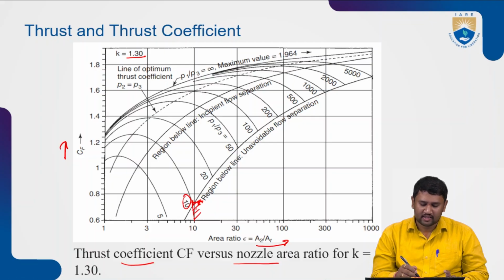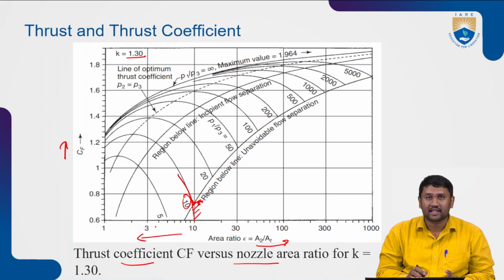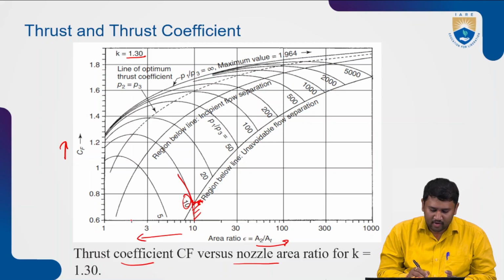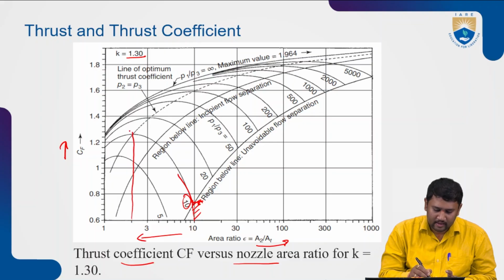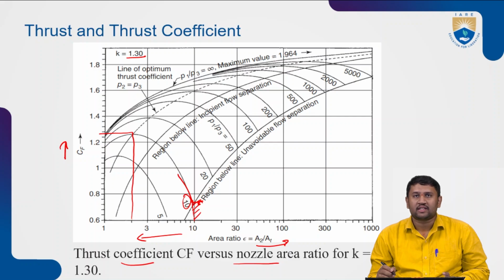As soon as the pressure increases and the area ratio decreases, a specific point, particularly this, will give you an optimal thrust coefficient.